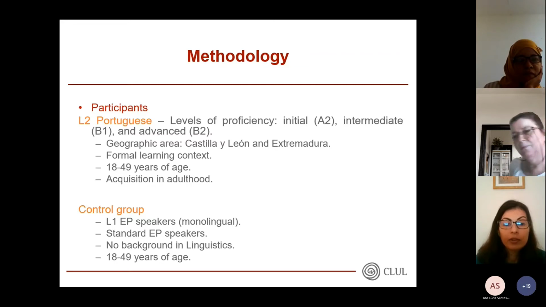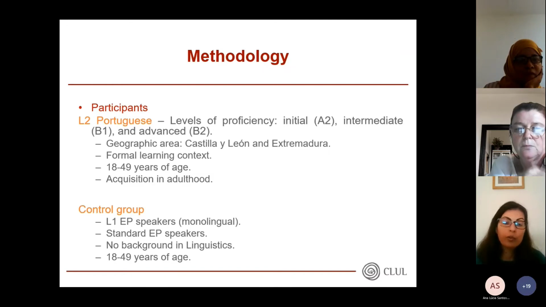They were learning Portuguese in a formal context, and they acquired Portuguese in adulthood. The participants from the L2 Portuguese groups and the control group were all in the same age interval, and the control group was constituted by monolingual speakers with no background in linguistics.